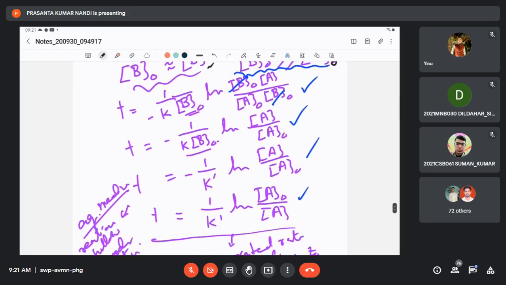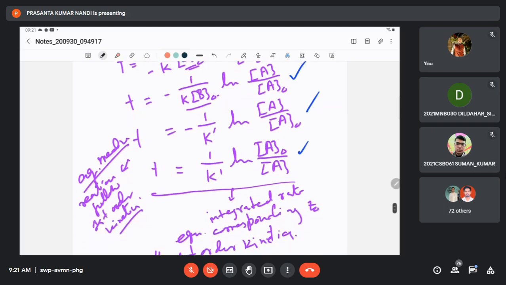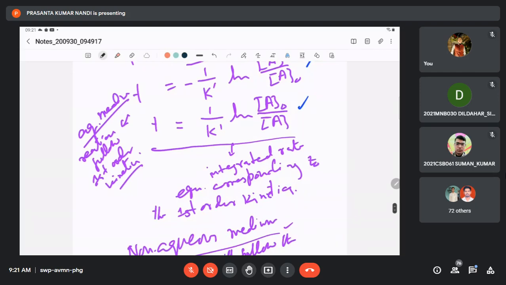And we can absorb the negative sign like this. Now, I think you can identify this equation is nothing but the integrated rate equation corresponding to the first order kinetics.